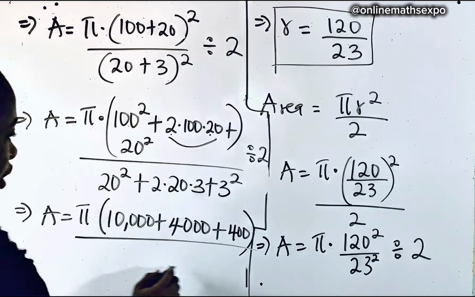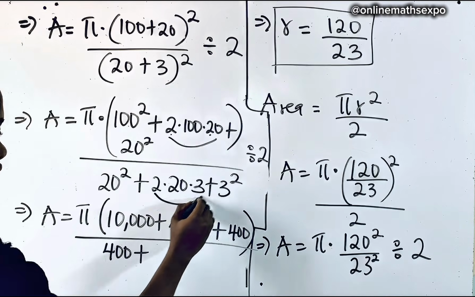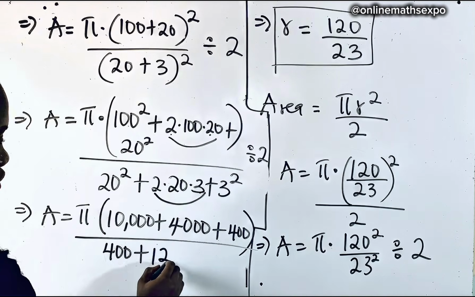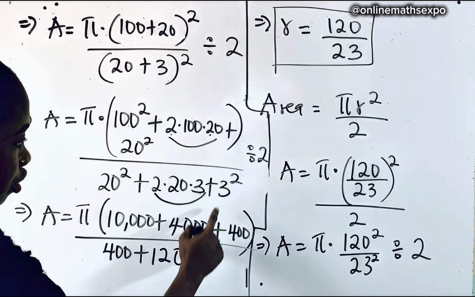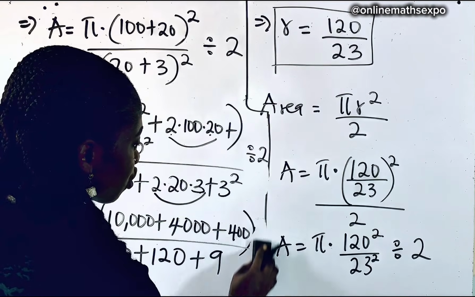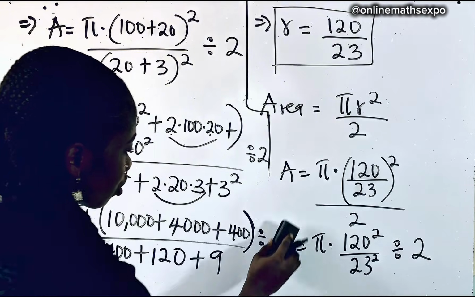And this is divided by 400, plus 2 times 20 times 3 is 6 times 20, which will give us 120, plus 3 squared gives you 9. And this is also to be divided by 2.